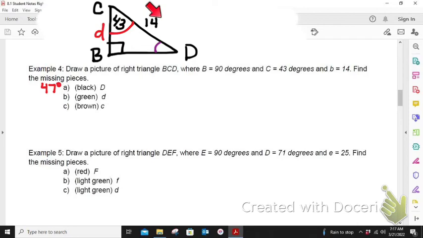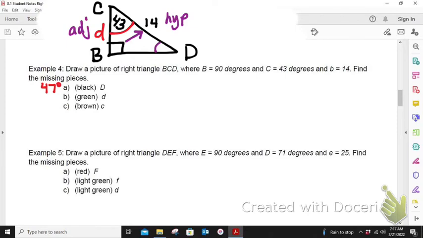So what would the 14 be? That's the easiest one. Hypotenuse, because it's across from the 90 degrees. Directly across is your hypotenuse. And the d is adjacent to 43 because it's right next to it.